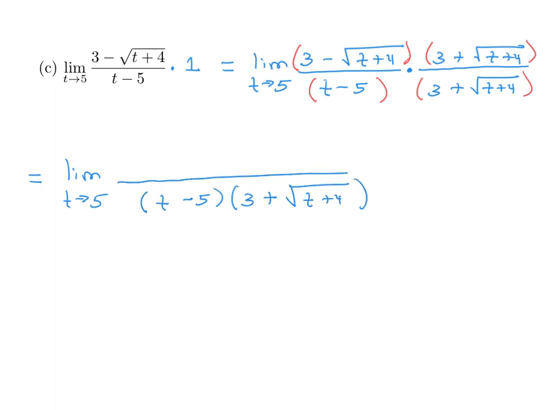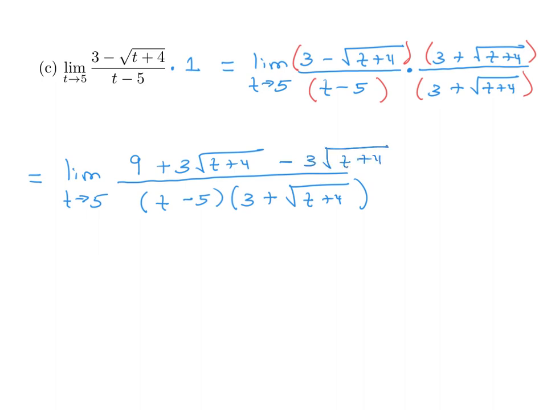In the top, we have 3 times 3, which is 9. Next, we have 3 times this positive square root, which there's not much to simplify. I'll just put 3 times the square root of t plus 4. We now multiply this in with the negative, so we get negative 3 times the square root of t plus 4.